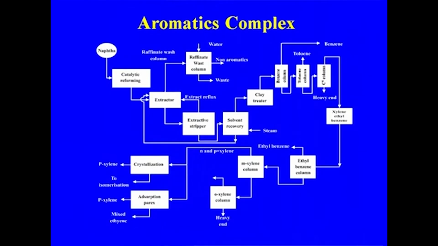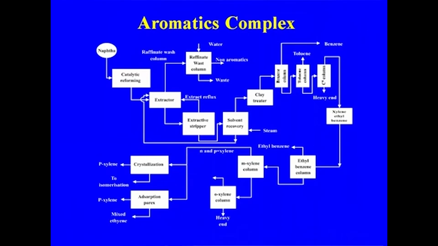This is the typical aromatic complex, where the combination of catalytic reforming and separation we will discuss separately, then it will be more clear. We have extractive distillation for the separation of aromatics from the non-aromatics, then clay treatment, and then various distillation columns separate the benzene, which has the lower boiling point, and the toluene and xylene mixture that follows.